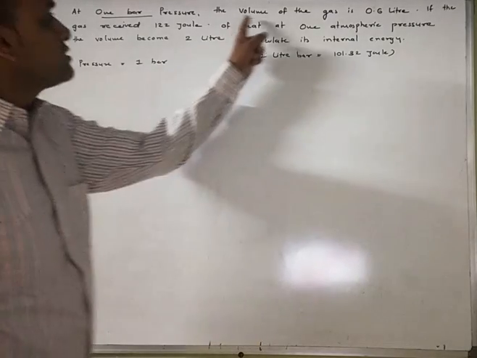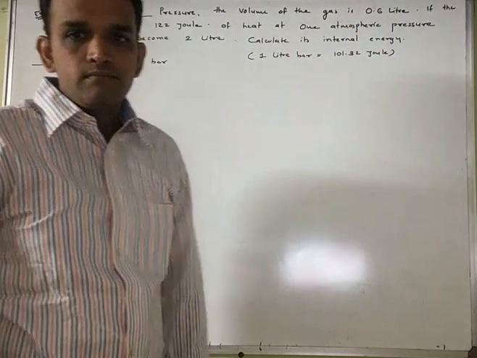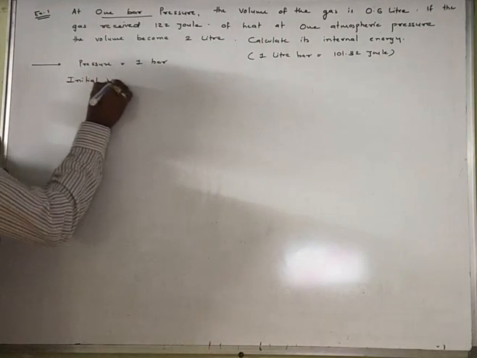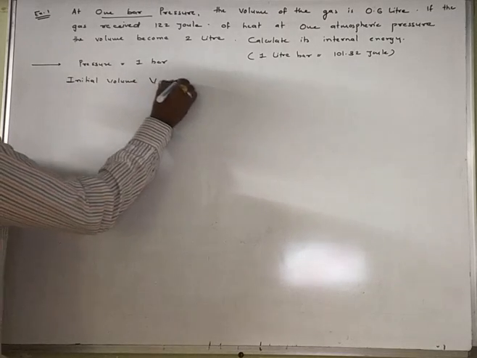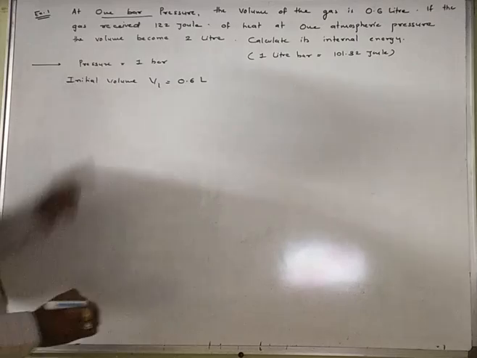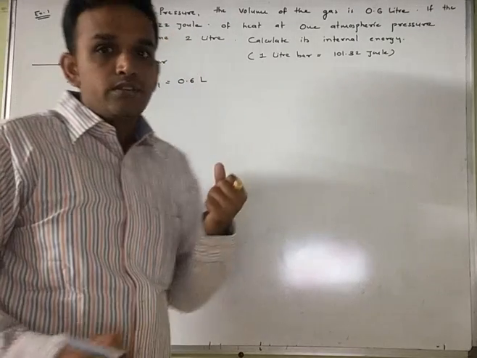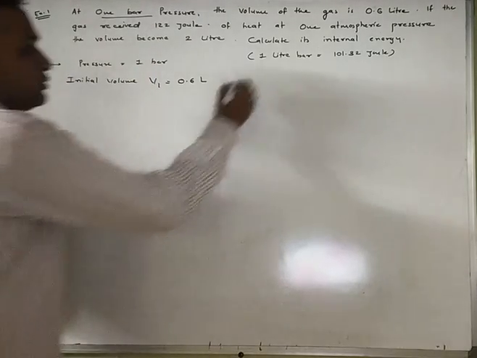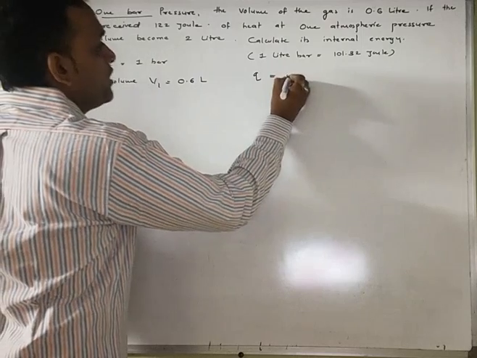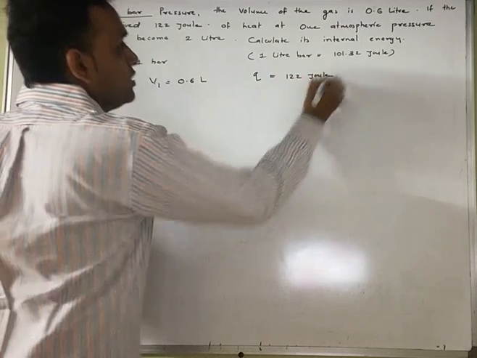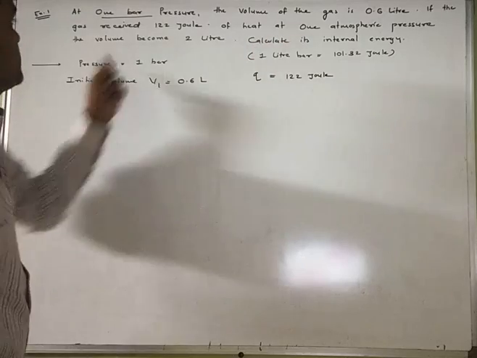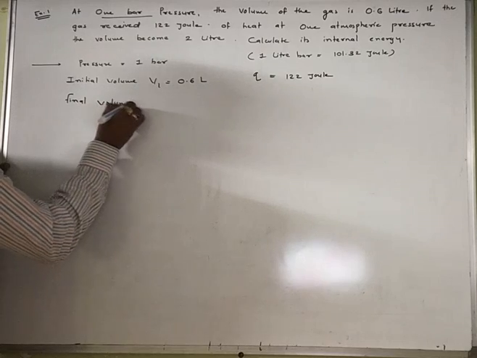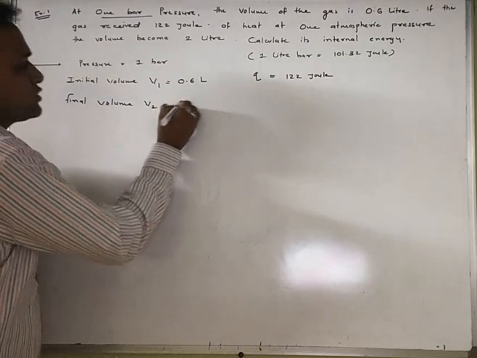The volume of the gas is 0.6 liter, so the initial volume V1 is 0.6 liter. The gas receives 122 joule of heat, so Q equals 122 joule. At 1 atmospheric pressure, the final volume V2 becomes 2 liter.